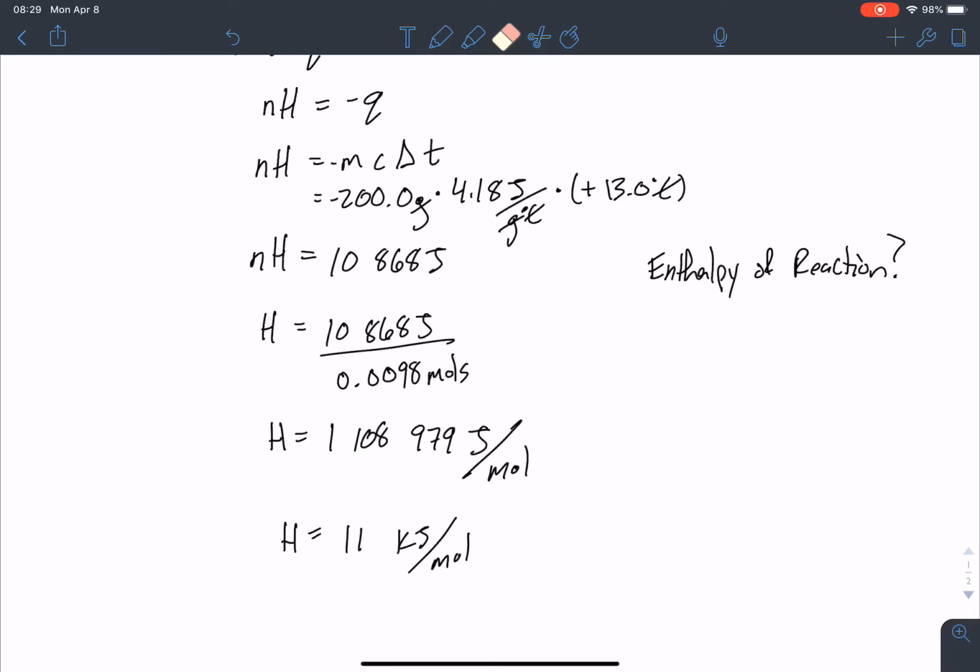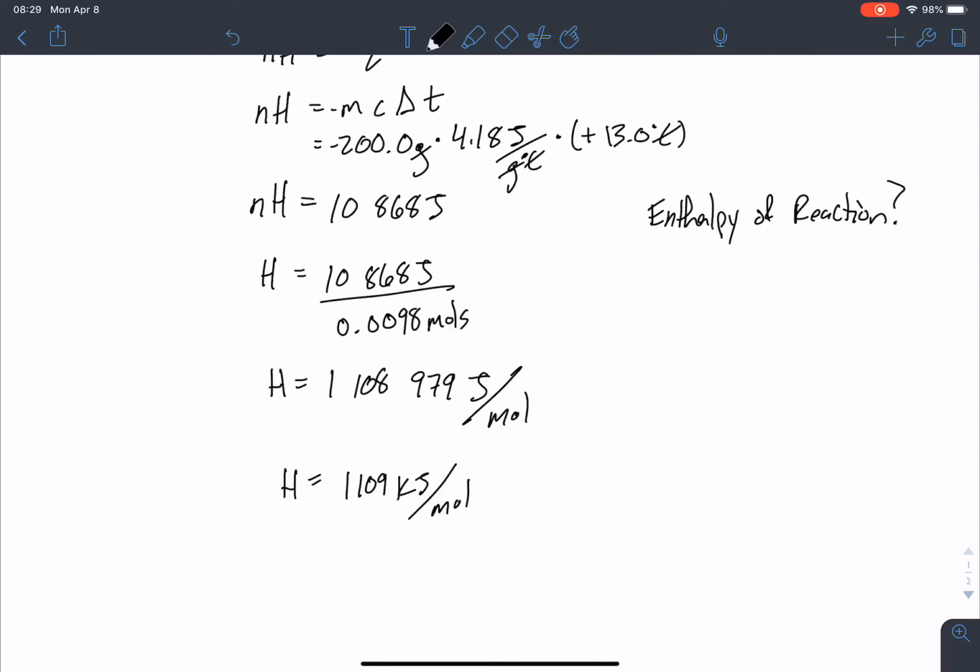And really, because of rounding, that should be 1,109 kilojoules per mole for the combustion of ethanol. Cool. We'll do some practice like this in class next day, so please come ready and bring your calculator.